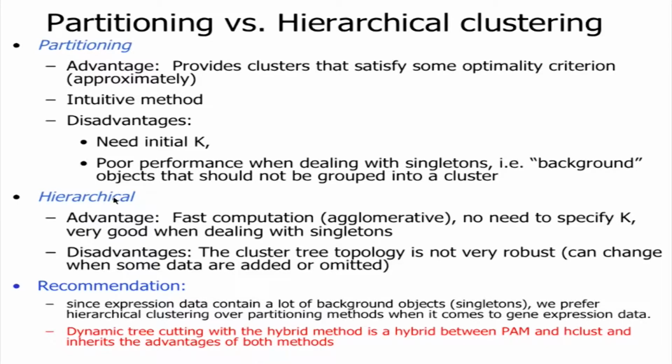And so what you would like to do is have a method that combines the advantages of partitioning algorithms with those of hierarchical clustering, meaning it has the robustness of partitioning methods, but it also has the advantage of hierarchical clustering that I just mentioned.